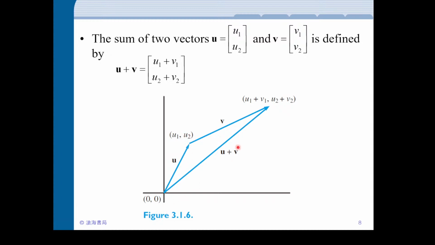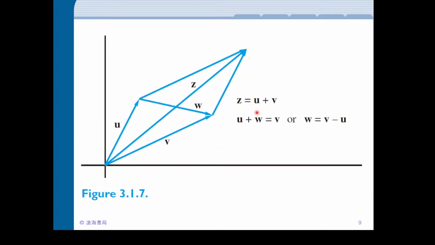You have u here, and you place v where the starting point of v is the end point of u. Then the line from the start point of u to the end point of v will be u plus v. You can also do this in a different order: v first, then u second, and that will be the same as u first, v second. Both of these are u plus v.